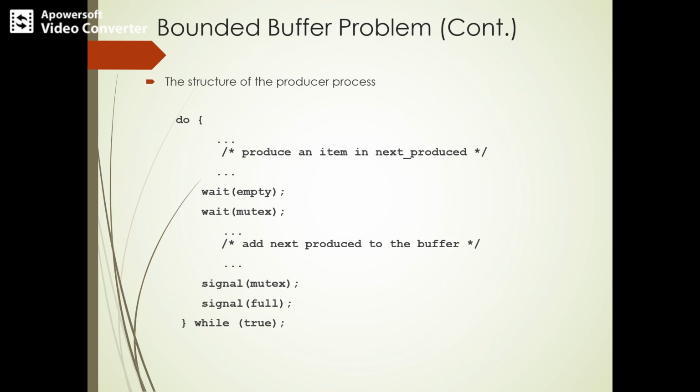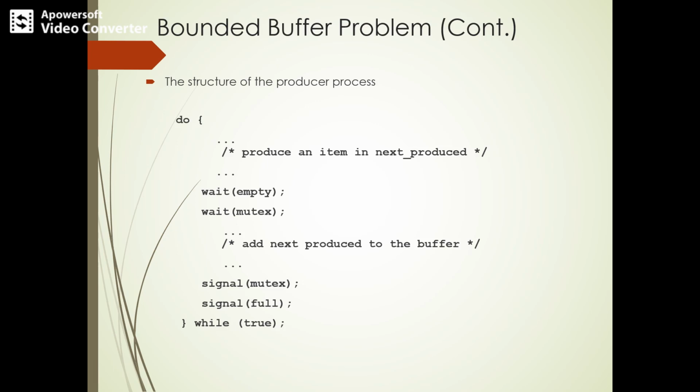Let's see the structure of the producer process. We know that the buffer is used between the producer and the consumer, and buffer size may be fixed or variable. The producer starts producing an item, and it cannot deposit data if the buffer is full.